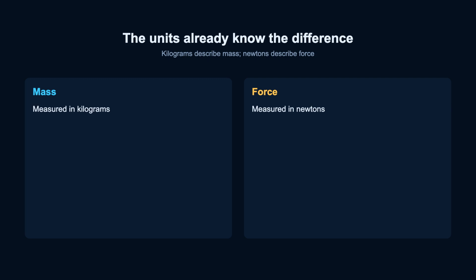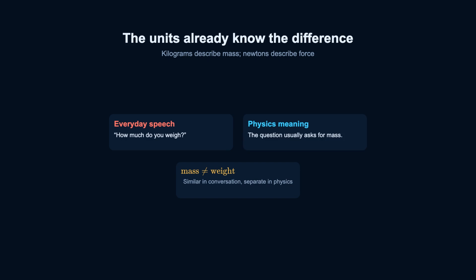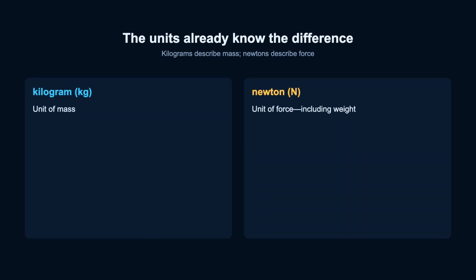You buy a kilogram of apples, and you might describe a punch as landing with a certain number of newtons. Even though everyday speech often blurs mass and weight together, saying, "How much do you weigh?" when we really mean mass, the units themselves are already sorting these ideas into two separate boxes for you, ready to be defined properly.